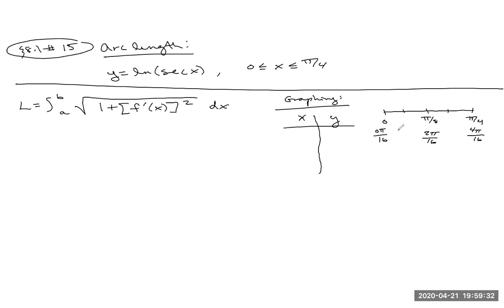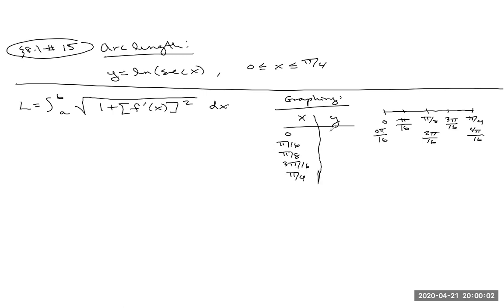And then if I count up, so 0, pi over 16, 2 pi over 16, 3 pi over 16, and 4 pi over 16. Okay, so 0, pi over 16, pi over 8, 3 pi over 16, and pi over 4 are the X values I'm going to use here.